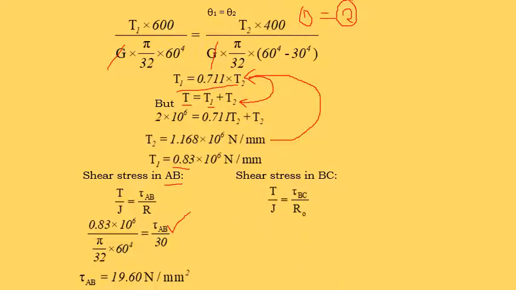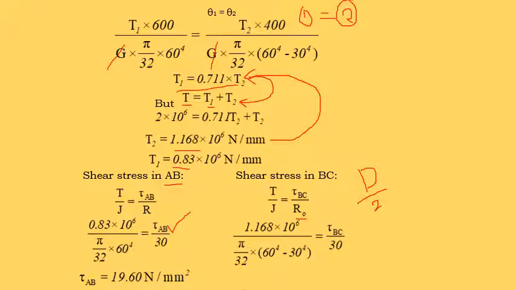Similarly, if we consider the second portion, shear stress in BC becomes T by J is equals to tau BC by R naught. Since it is a hollow shaft, R naught represent the outer diameter by 2. So T2 is 1.168 into 10 to the power of 6.